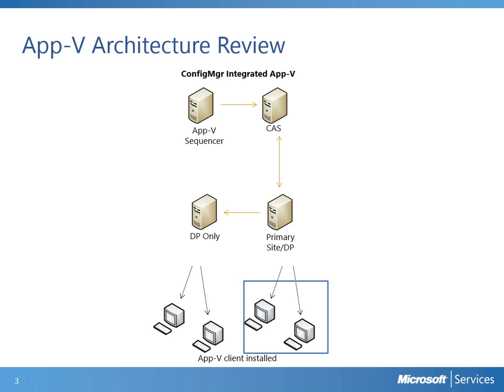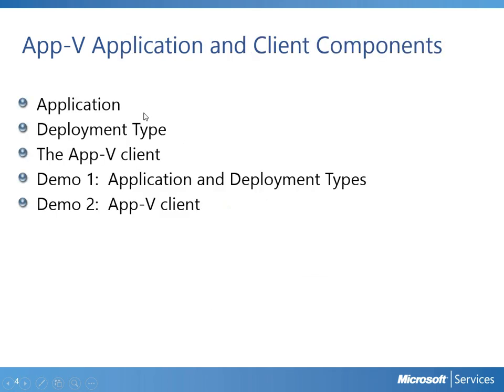Then we have our primary site and DP combination, and then just a DP only. So the box this time is around our clients, because the goal is obviously to push out the virtualized applications to our clients. So that's the focus. There's also an App-V 5.0 client component that has to be present on these boxes in order for it to work. Okay?